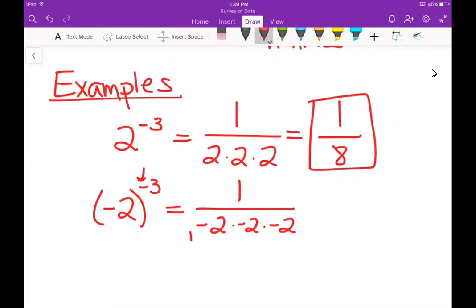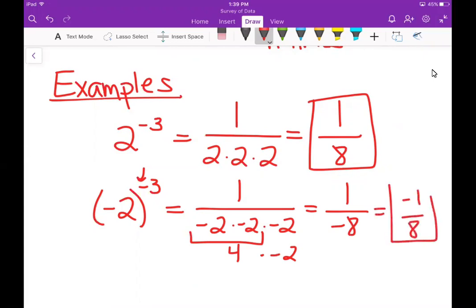Now be careful here, because -2 times -2 is +4, but then I need to take that times -2. So I have 1 over -8, which I would want to write as -1 over 8. So that is a negative because we had a negative in our base, not because we had a negative in our exponent. That meant we were dividing.